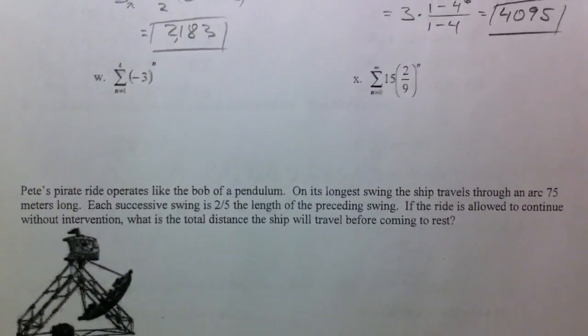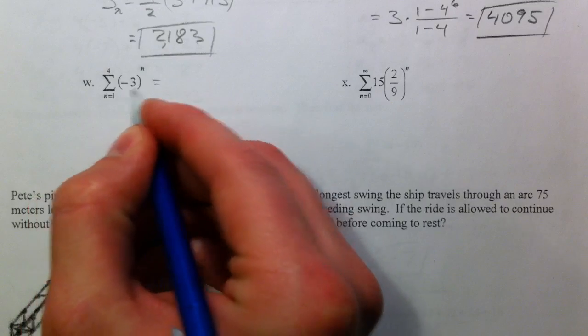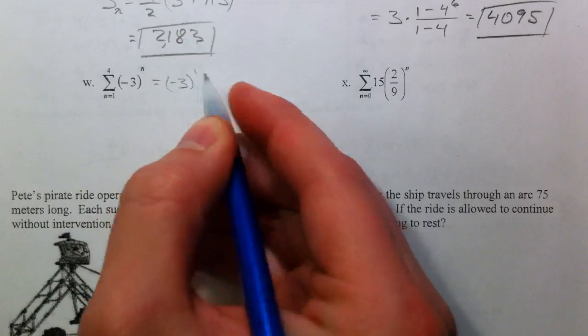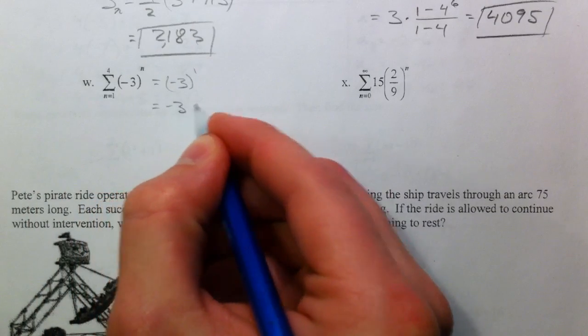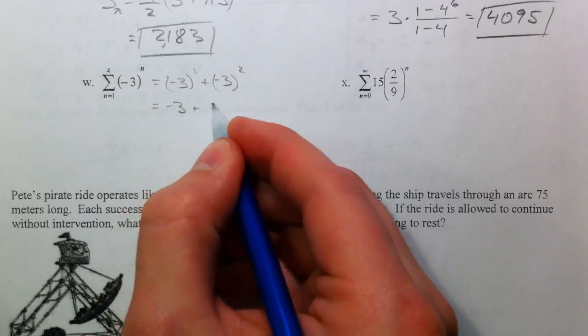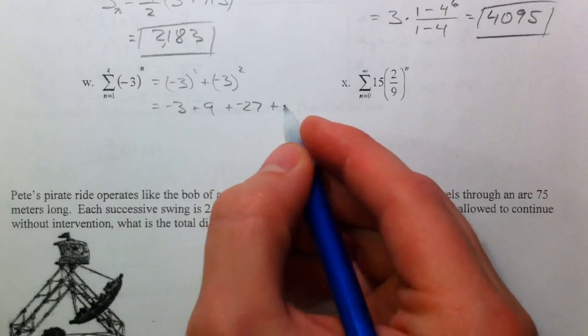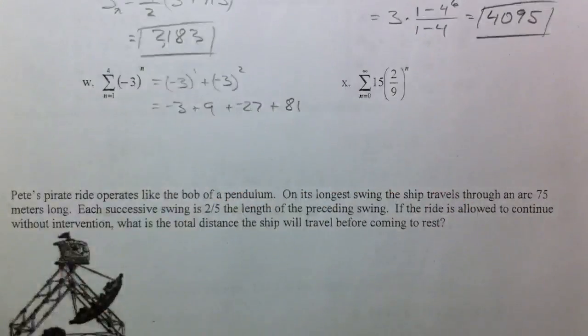The next one does something very similar, except when you plug in negative 3 to the first, you get negative 3. Negative 3 second, you get 9. And so this one's flip-flopping between positive and negative.